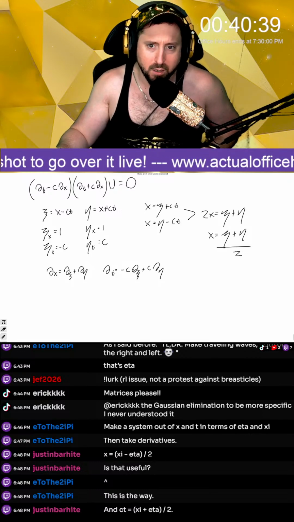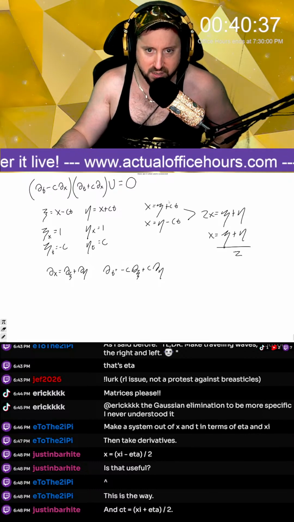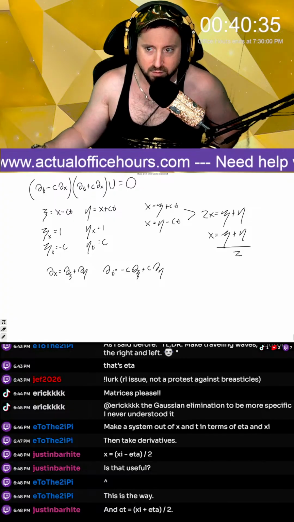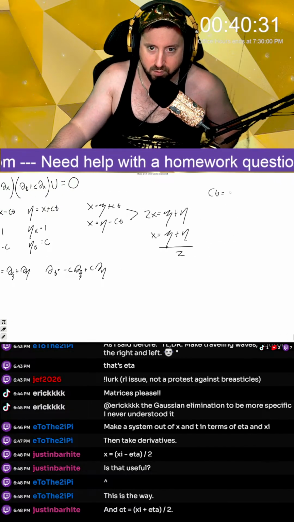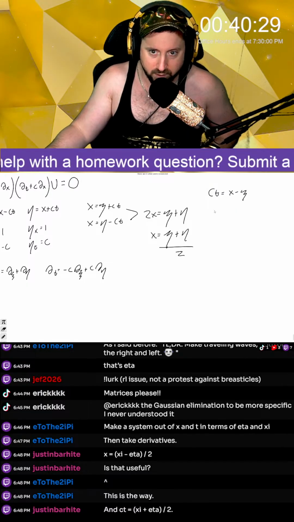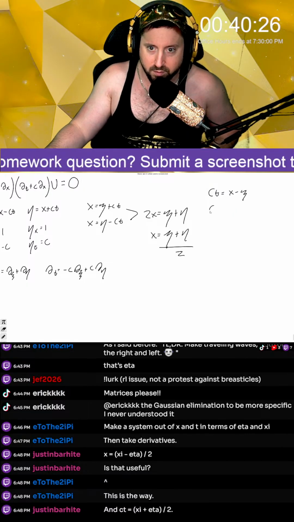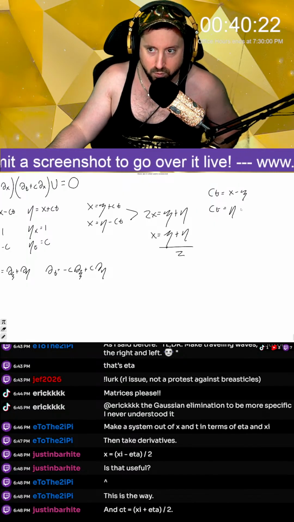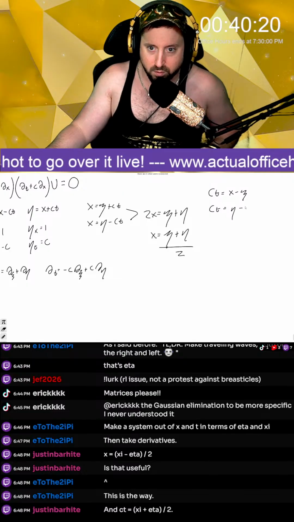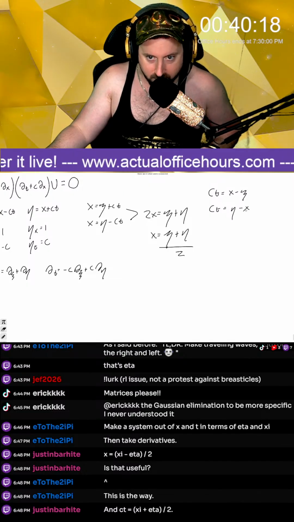And then maybe if we want to do it in terms of t, then I'd have to say, okay, so ct is equal to x minus squiggle, eta. And then ct is also equal to nu minus x.